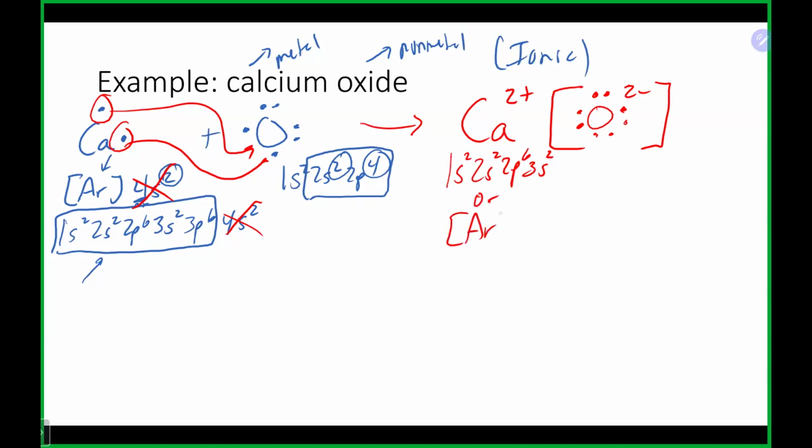If you take a peek at the periodic table, number 18 is argon. So here, by calcium losing not just 1 electron, which would only move it to potassium, by losing both of its valence electrons, it now ends up with the same electron configuration as argon, and a pretty stable situation.